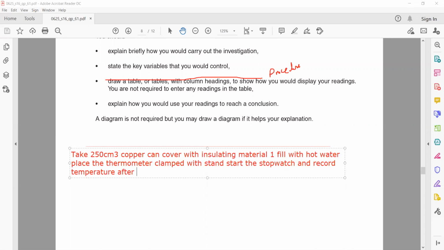After a 30 second interval, repeat the procedure.